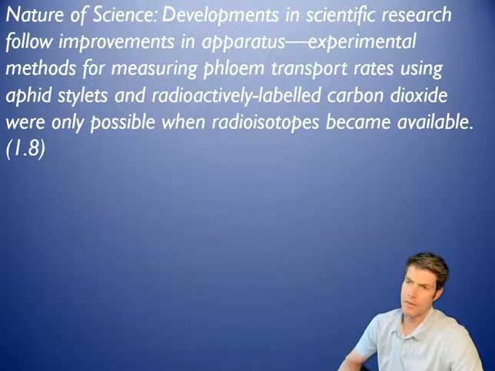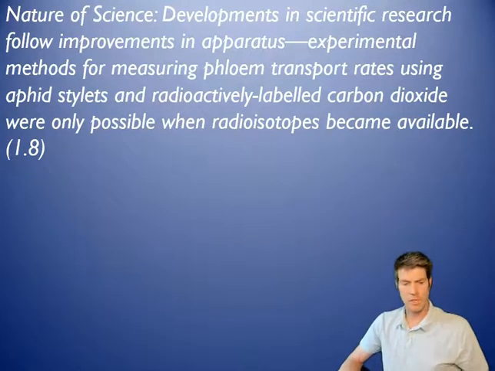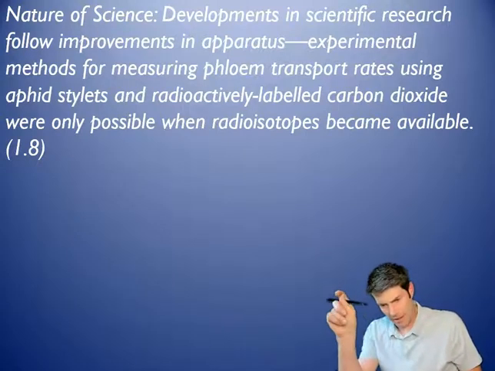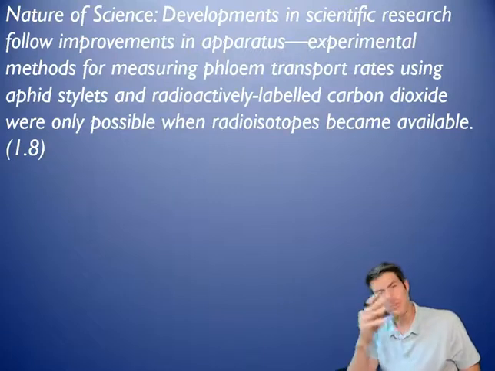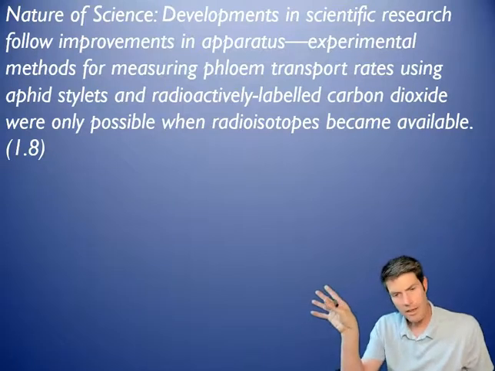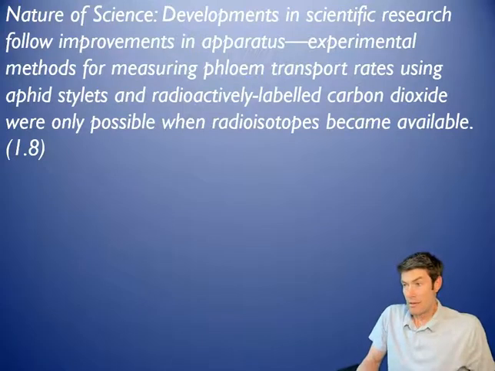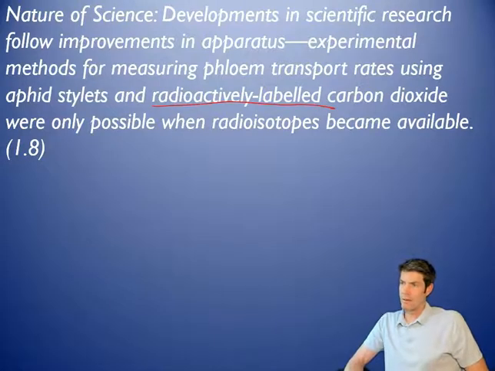One thing that we'll get to at the end of 9.2 is this really cool experiment where they took aphids and put radioactive elements, isotopes, in them and were able to trace how long it took for sugar to move along the plant. So again, radioactively labeled carbon dioxide, radioactively labeled sugar.